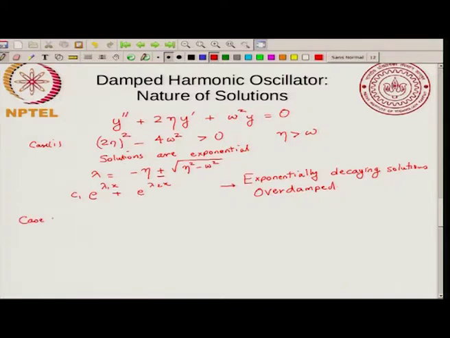In case 2 you have eta less than omega, and now your solutions are an exponential multiplied by an exponential of imaginary, so an exponential multiplied by oscillating functions. So, in this case you have both these oscillations and these exponential functions, and you say that the solution is under damped.